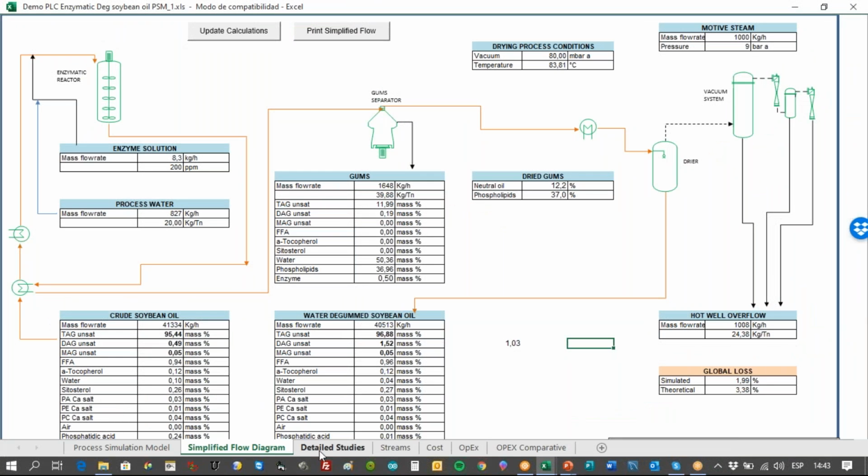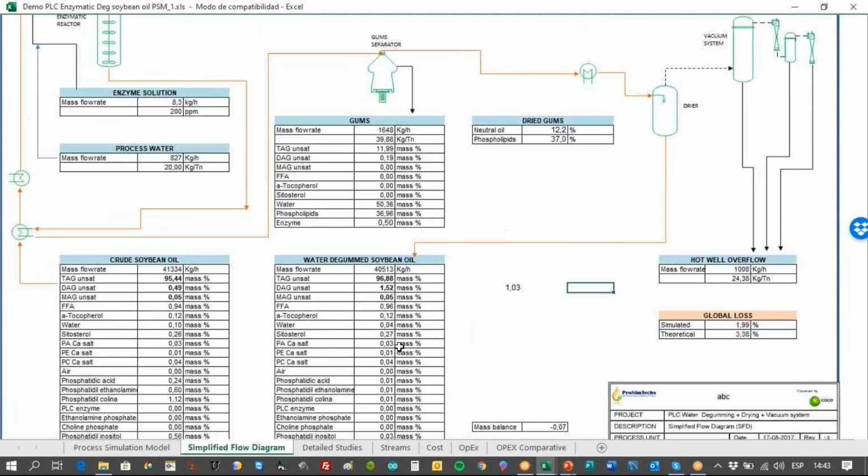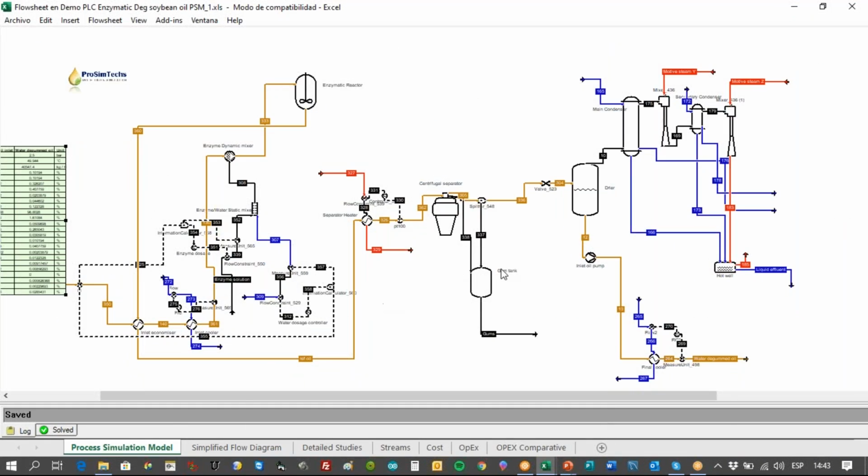In these other sheets of this file, we have all the results imported from this simulation run.